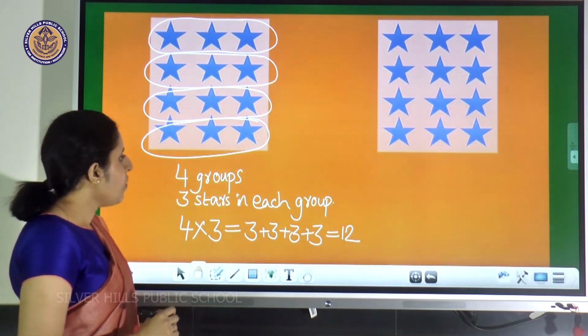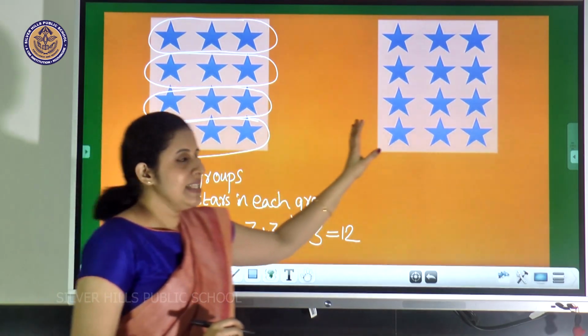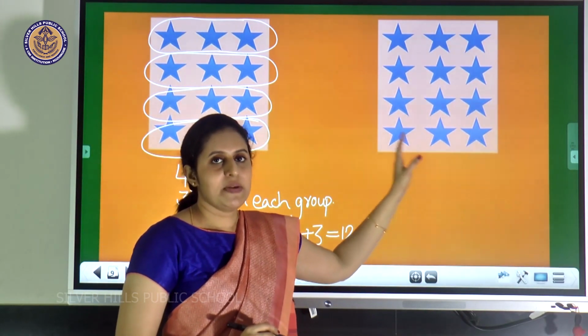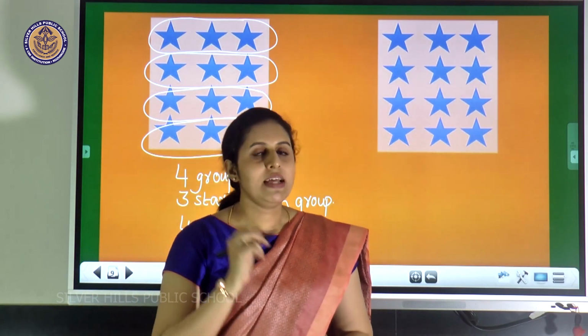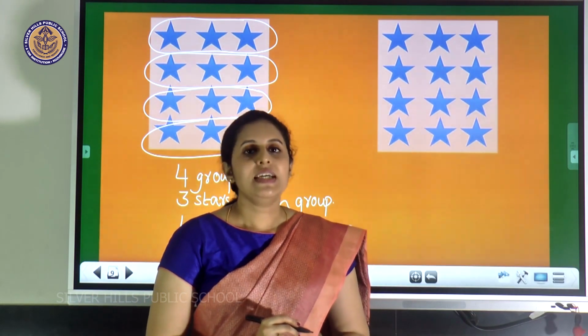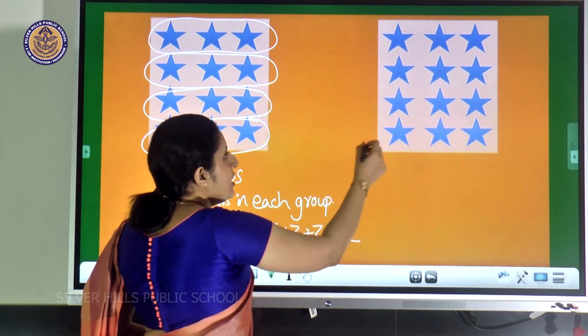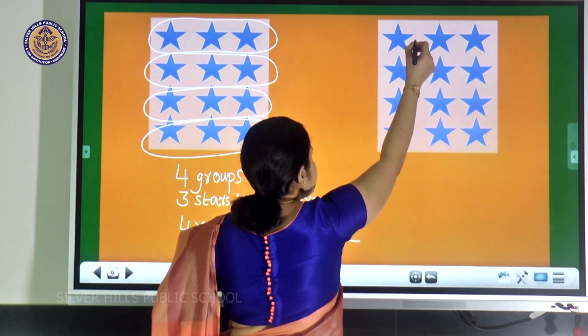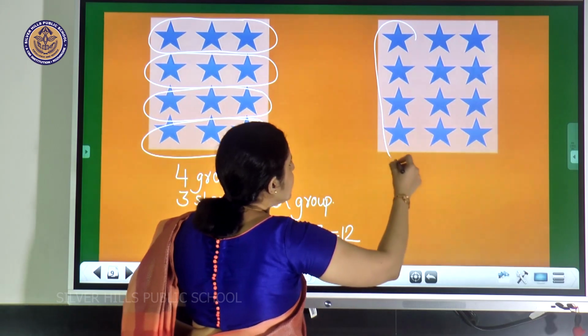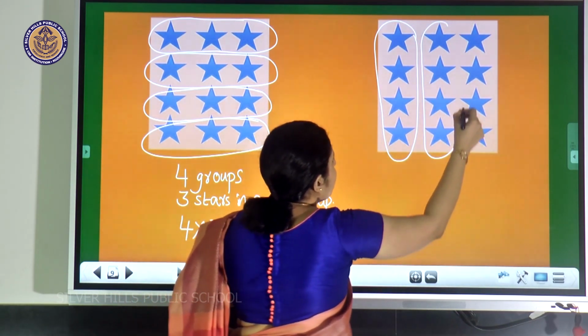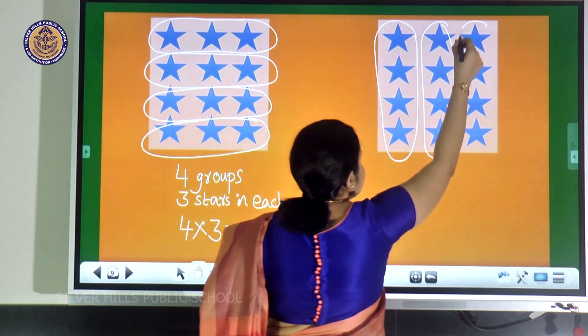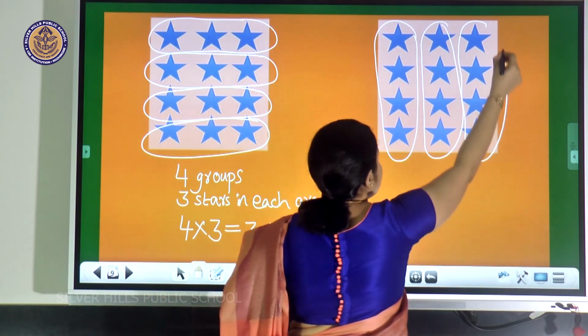Okay, now what we are going to do is the same set of stars, that means the same problem, we are going to do in another way. That means this time I am going to group the stars like this. This is one group, this is the second group, and this is the third group.